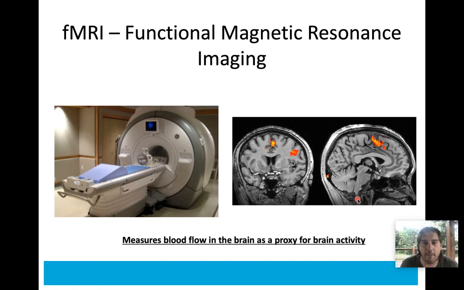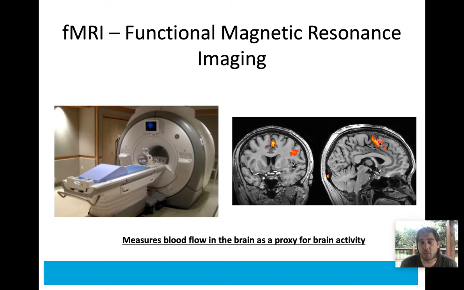Basically, what happens is this machine, this is an MRI, it's outfitted to also measure blood flow in the brain. And we use the measurement of blood flow as a proxy for brain activity. So the hot spots, right, these red spots on the MRI are places in the brain that are receiving more blood than other places in the brain.